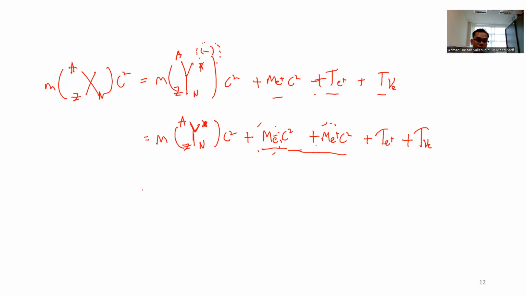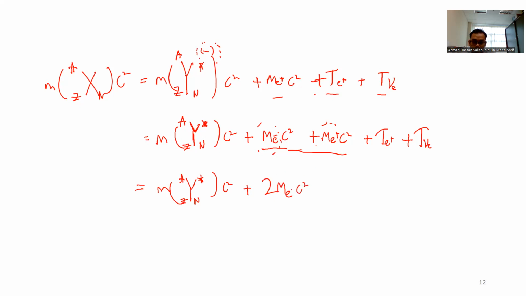So you can sum them up together: plus 2 mass of electron c square.